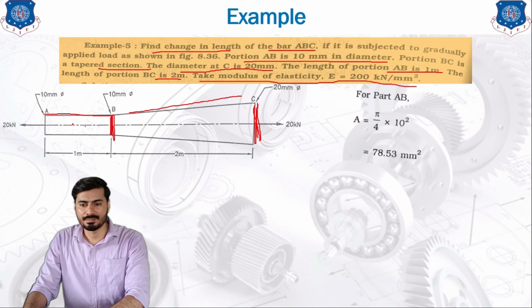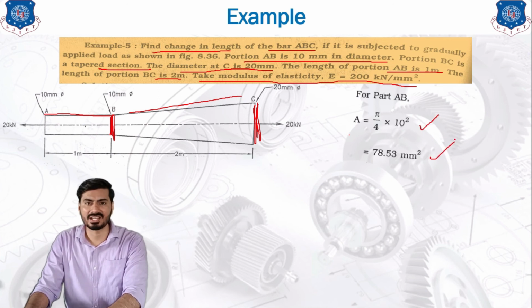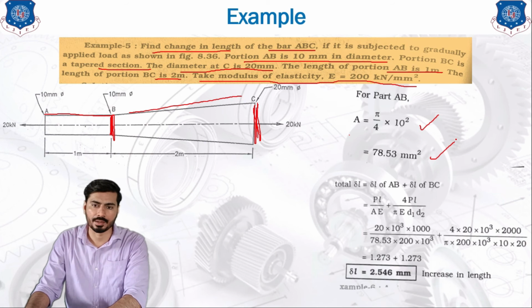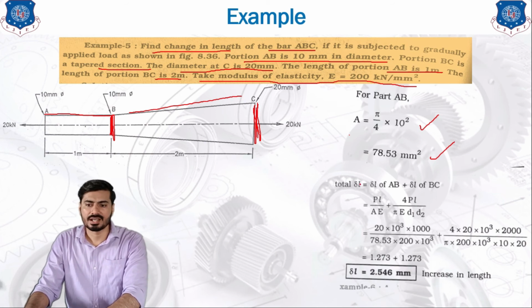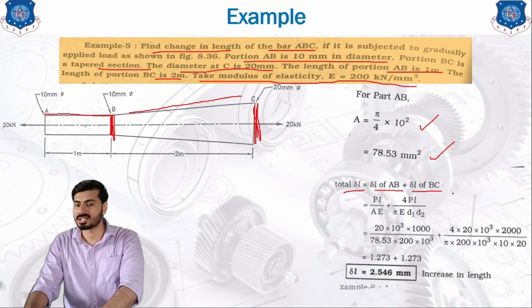Now for the part AB, we are going to calculate the cross section area. Cross section area for the part AB is nothing but pi by 4 d square, and the d for the AB part is given as 10 mm. If you put that value in this equation, you will get the answer as 78.53 mm square. Now we need the total delta L of the length. So total delta L is nothing but the summation of delta L of AB and delta L of BC, which is the algebraic summation.